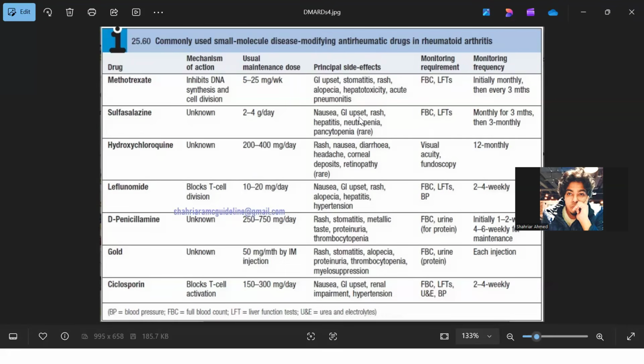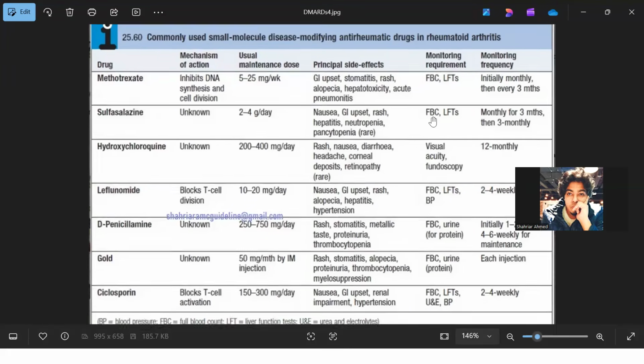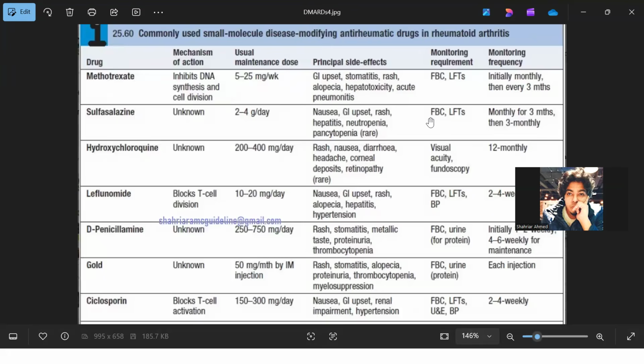Sulfasalazine in males should not be used if planning for a family. Sulfasalazine is usually safe, but if a male is taking it and planning for a family, he should stop it. Why? Because of azoospermia, which is not written here, but comes up separately for males. Hydroxychloroquine: everything is the same as before, CBC and so on, but visual acuity is another thing to remember.